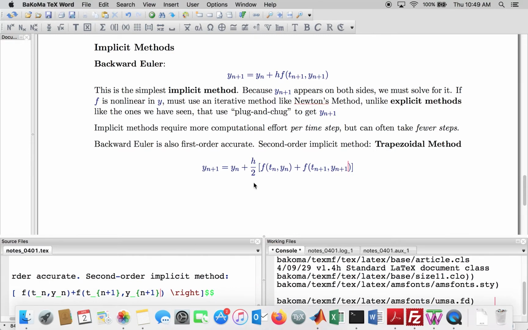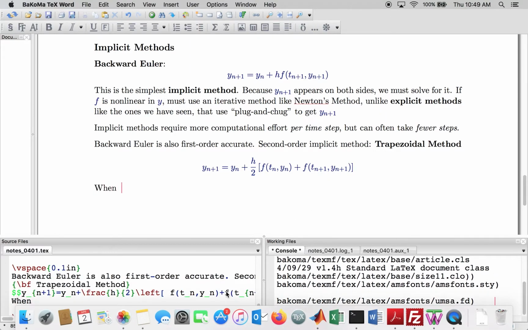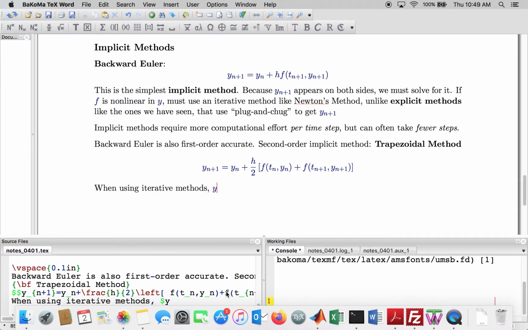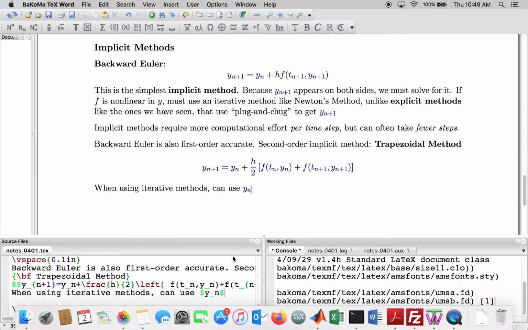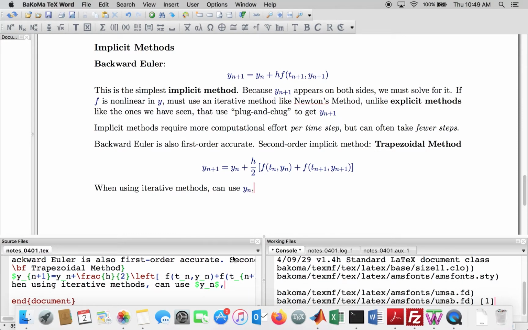Here we have yn plus 1 appearing on both sides of the equation, so we have to use some iterative method to solve for yn plus 1. And when using iterative methods, we already have a good initial guess. So yn is already fairly close to yn plus 1, especially if h is small.